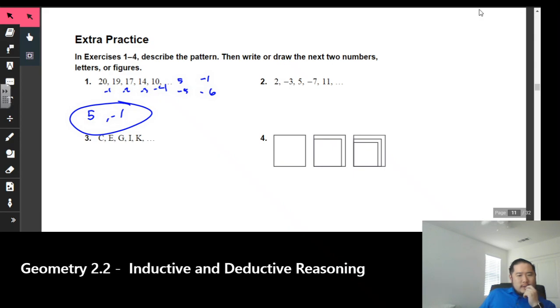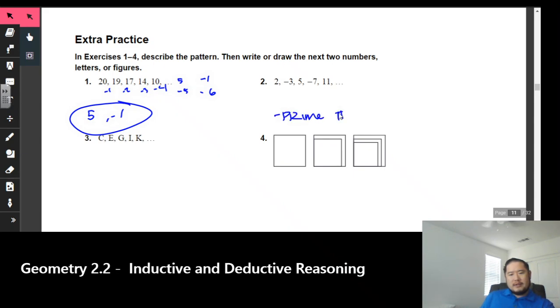All right, number 2. I see two things going on. I see numbers like 2, 3, 5, 7, 11, and then hopefully you see that the signs are changing. Well, what kind of numbers are 2, 3, 5, 7, and 11? We could say that they are prime.